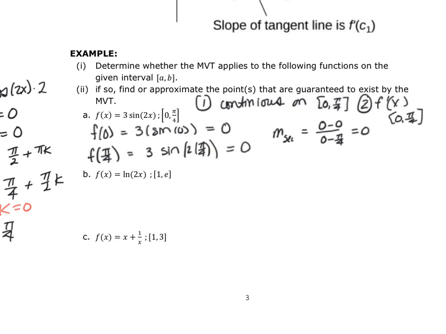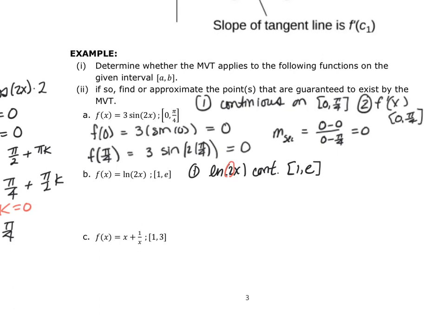Now, let's take a look at my next example. I have to check for continuity. Is my function ln of 2x continuous on the interval from 1 to e? Well, my logarithmic function is continuous in general from 0 non-inclusive up to infinity, because that's the domain. All this 2 does to my graph is a horizontal shrink, so it's still going to be continuous on the interval from 0 to infinity.